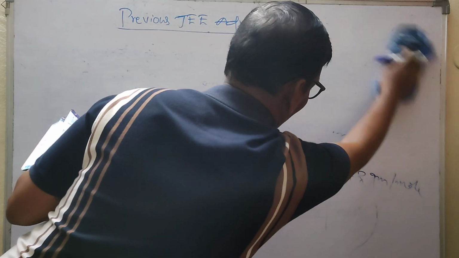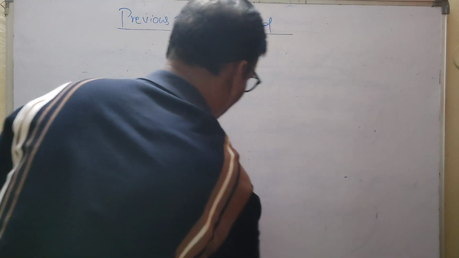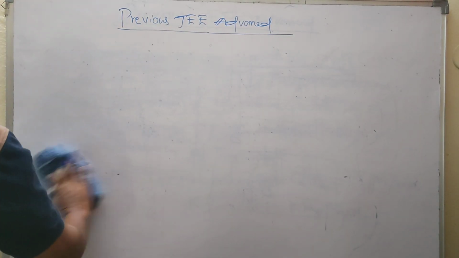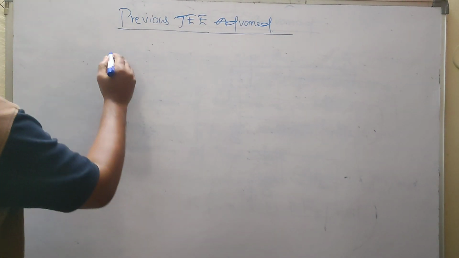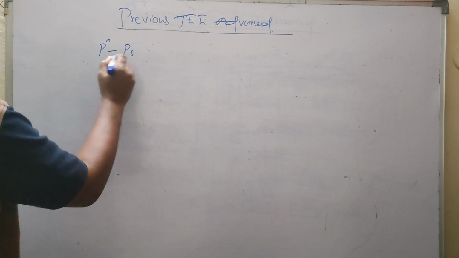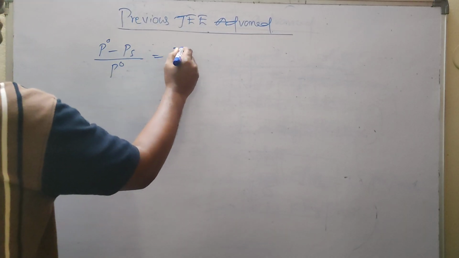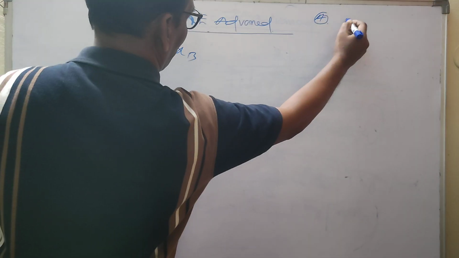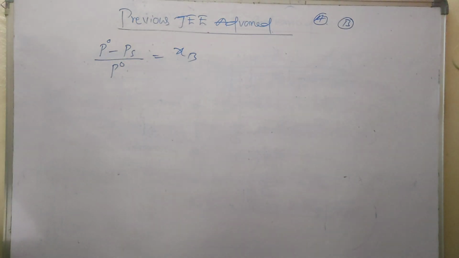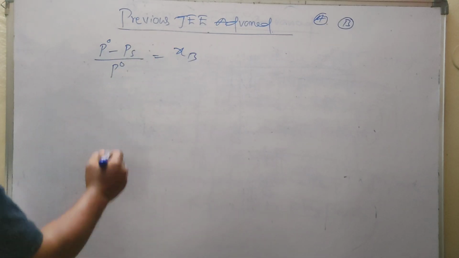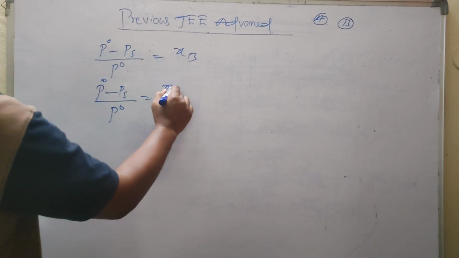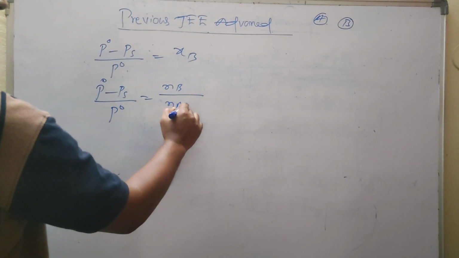You take (P0 minus PS) by P0 is equal to XB. Assume A means solvent, B means solute, so XB is the mole fraction of the solute. So (P0 minus PS) by P0 is equal to nB by (nA plus nB).